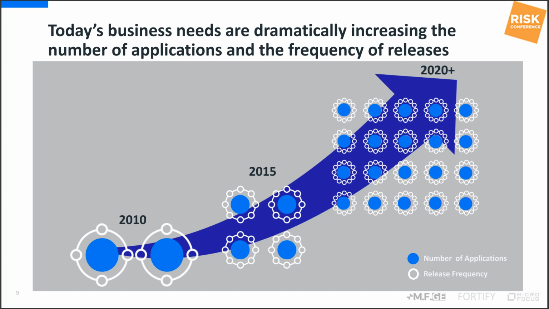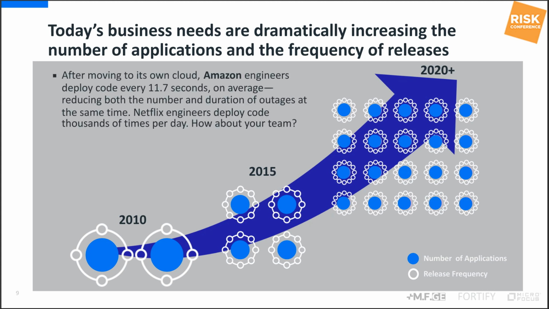But today's trends are moving developers to new standards, to a new speed. As one example, Amazon releases and deploys code once every 12 seconds, and it's really very fast and very hard to keep up with.